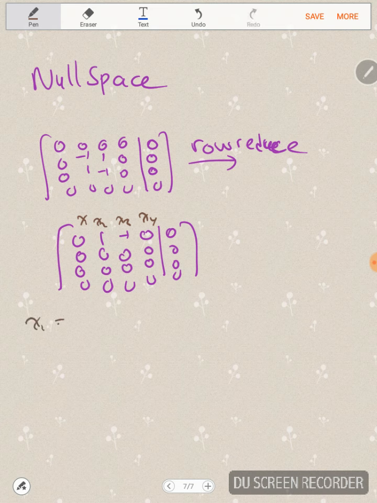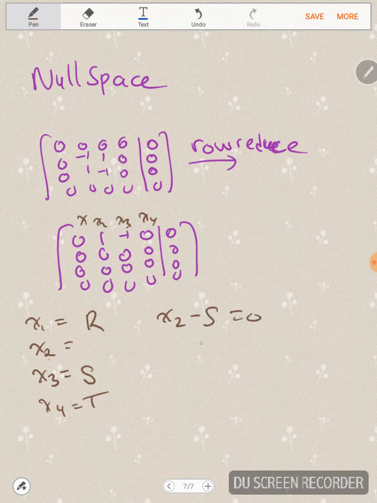So for example, x1 will be R. x2, I'll come back to because it has a leading one. x3, I'll let it be S. And x4, I'll let it be T. x2 can be written in terms of x3, so x2 minus S equals 0, which is basically saying x2 is S.